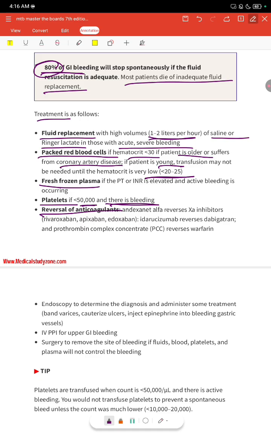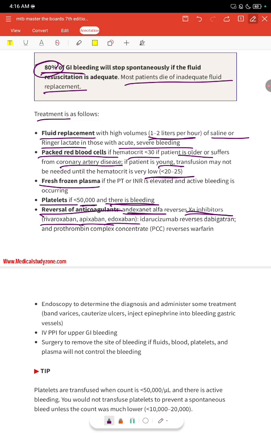Reversal of anticoagulants. Andexanet alfa reverses factor Xa inhibitors, for example, rivaroxaban, apixaban, and edoxaban.